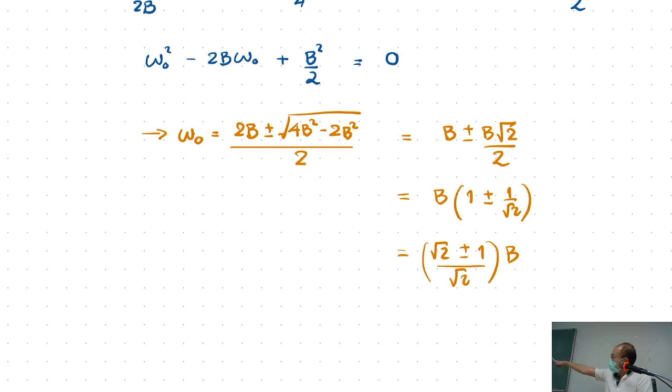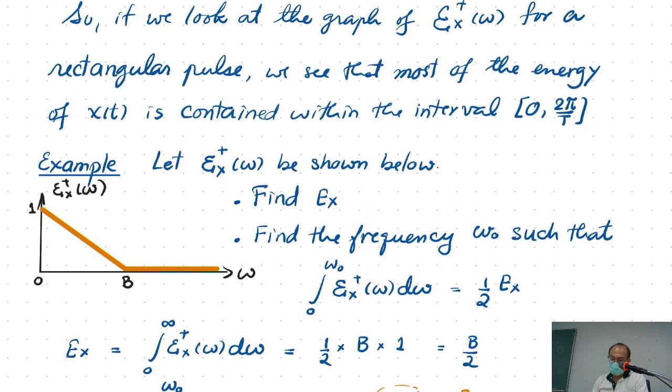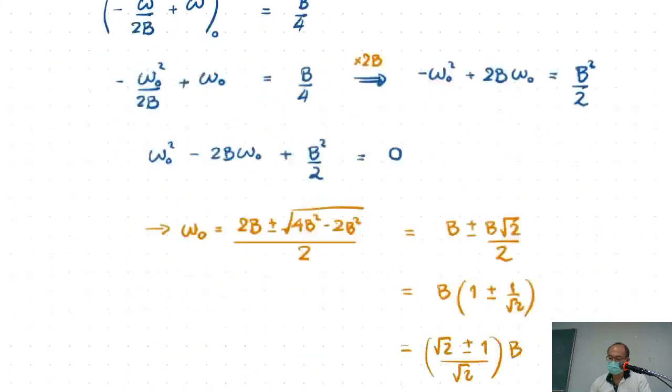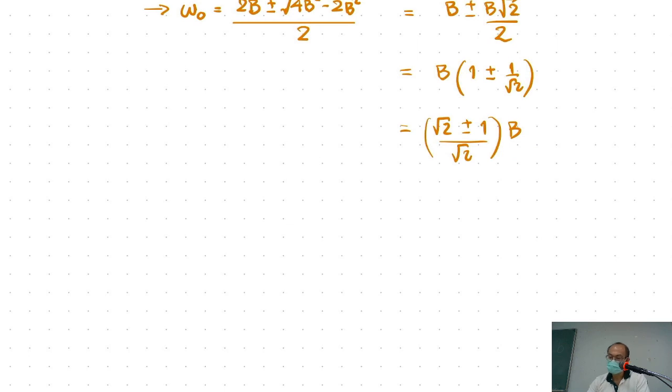But we have to use the minus value, right? Because the plus value would be greater than b, and that is not acceptable because omega 0 would have to be less than b. It has to be somewhere here, less than b. It cannot be greater than b, so we have to use the lower value. So this means that the frequency value we're looking for is 1 minus 1 over square root of 2, times b.